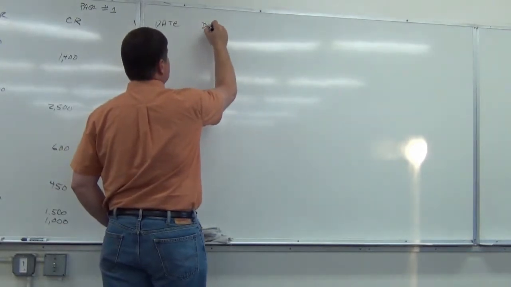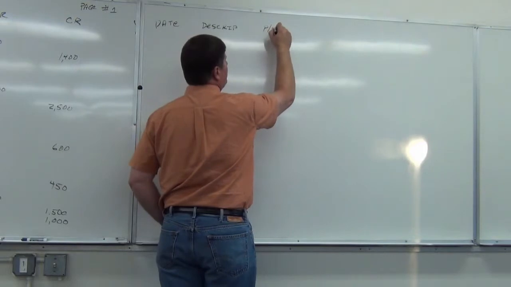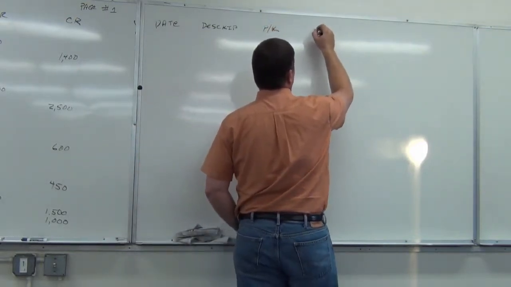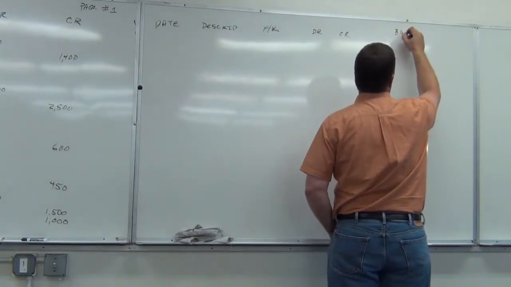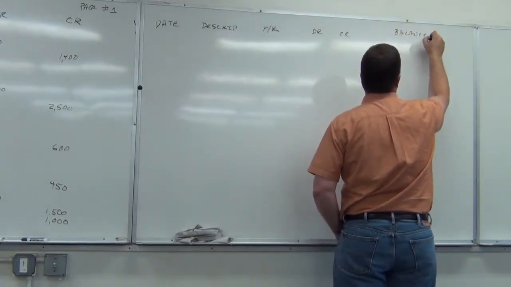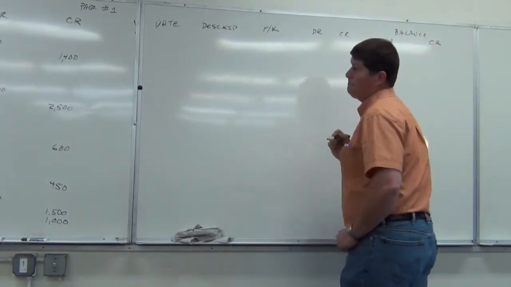Date, description, posting reference, debit, credit. Then we have the balance: debit, credit. Okay?